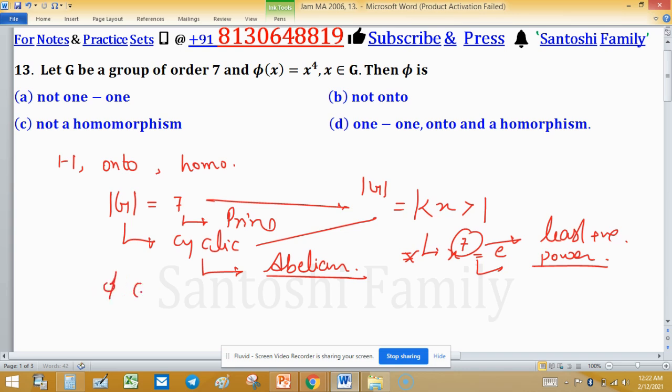As phi is given, the rule for phi is x raised to the power 4 for all x coming from G. Here x is a group element and this is the generator, so you can change the generator to A to avoid confusion. So phi(A) will be A raised to the power 4.